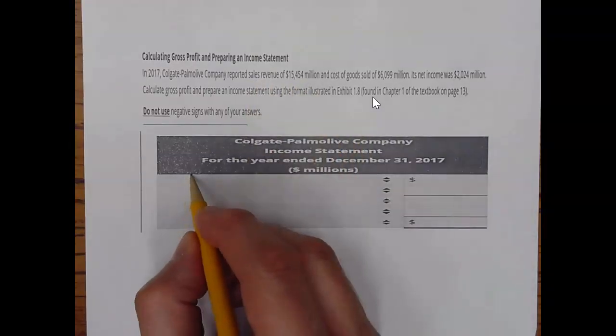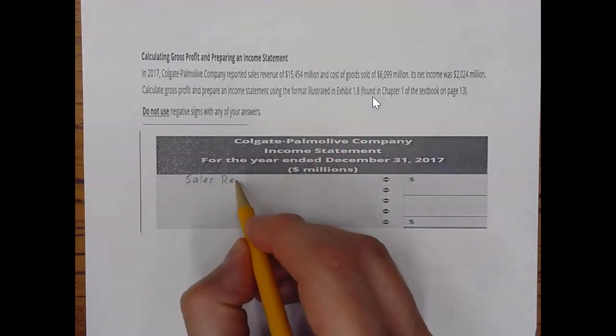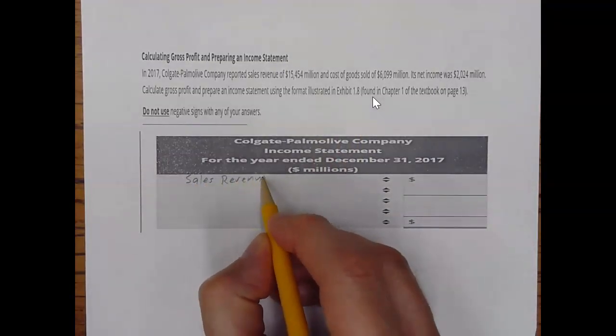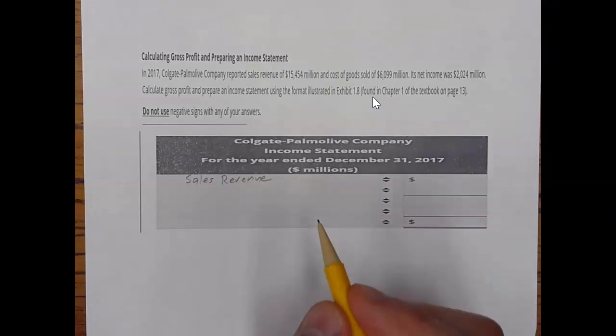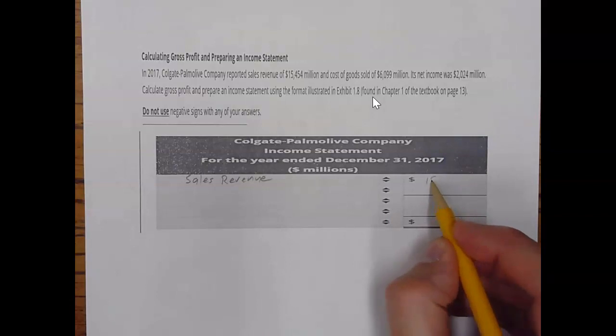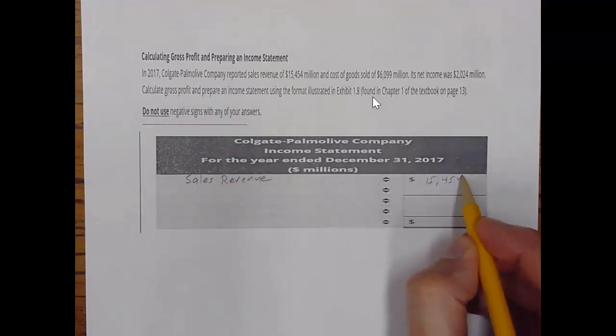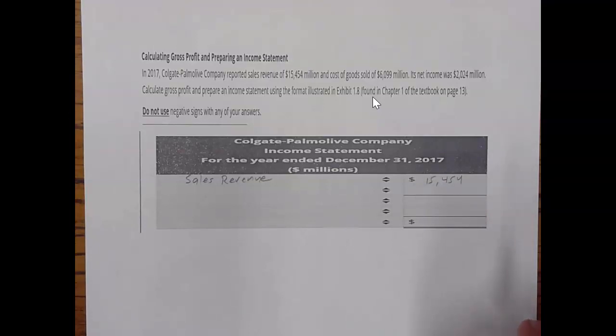This was originally intended to be a drop-down menu item, and one of those choices would have been sales revenue. Since they've been so kind as to just give us the sales revenue, we'll just plot it right there.